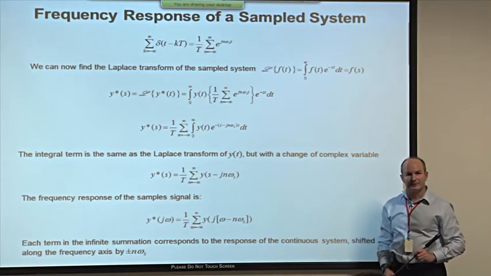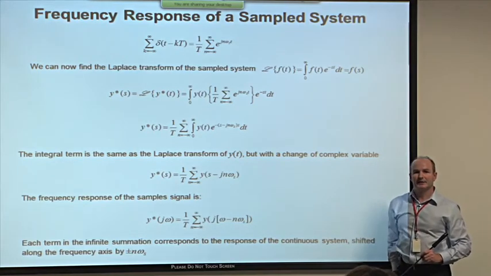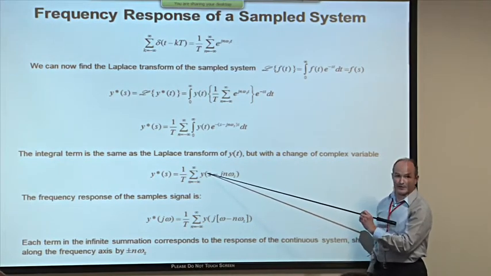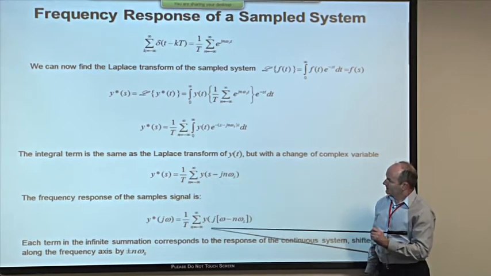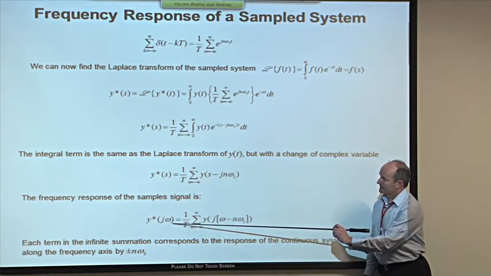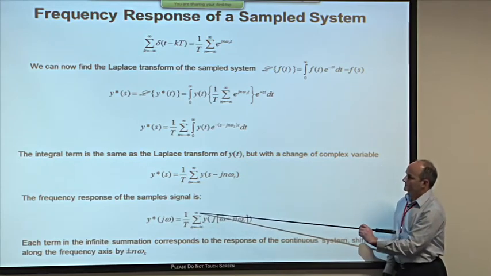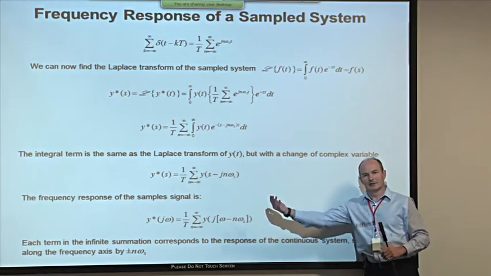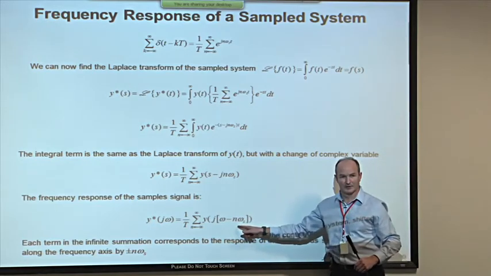Its frequency response is found in just the same way as it is for any other Laplace transform, by substituting j omega for s. So here's what we have. The frequency response of the sampled system is 1 over T times an infinite series of frequency responses, each centered on a multiple of the sample frequency, omega s.